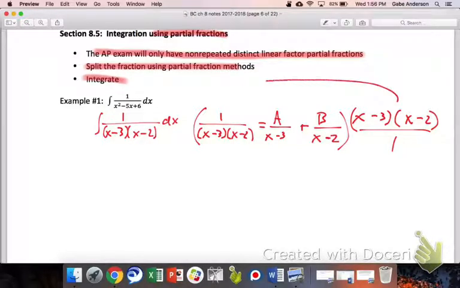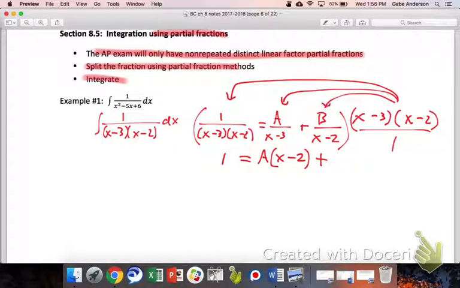If I multiply by that least common multiple, isn't everything going to cancel out on the first one? So I'm just left with 1, right? And on the second one, the A, of course, is left over. But wouldn't the x minus 3's cancel out when I did this? Leaving us with just an x minus 2. And then on the last one, the x minus 2's would cancel out, leaving us with an x minus 3.